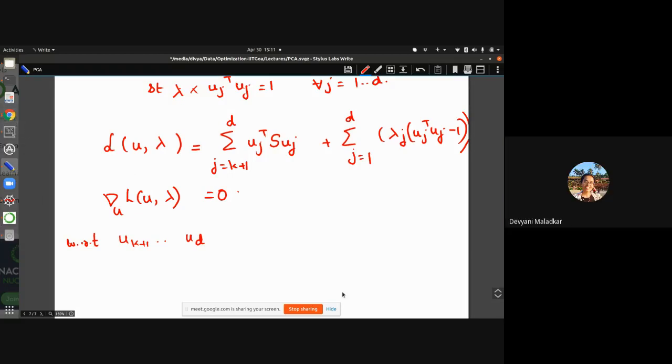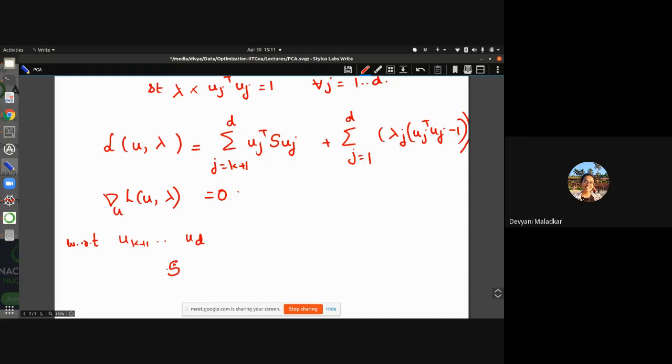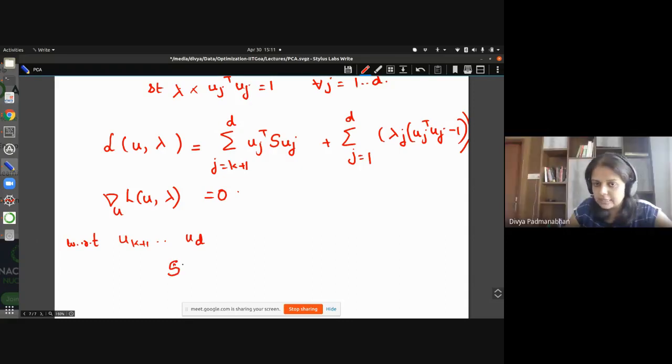With respect to just uk plus 1, this term is just going to give you half of S uk... is it half, or 2 times? Oh, sorry, 2 times. So 2 times S uk plus 1, plus this lambda part, plus 2 times lambda uk plus 1.